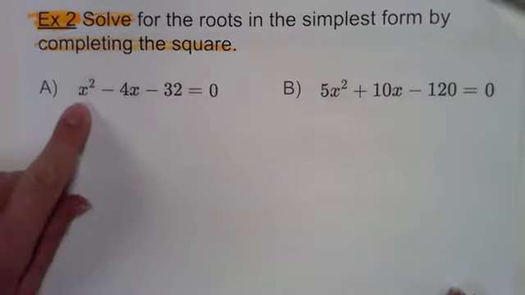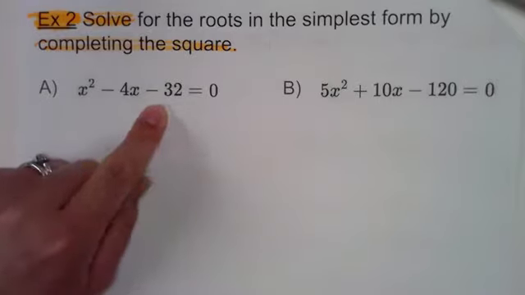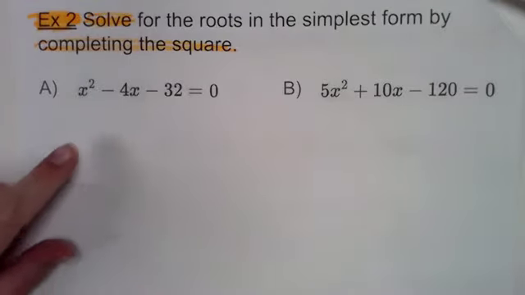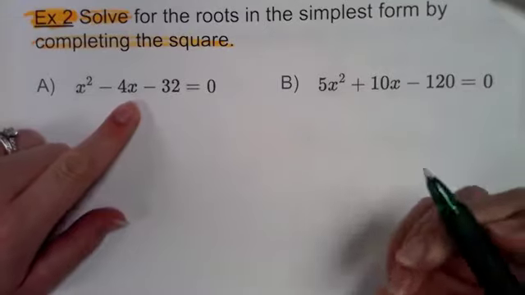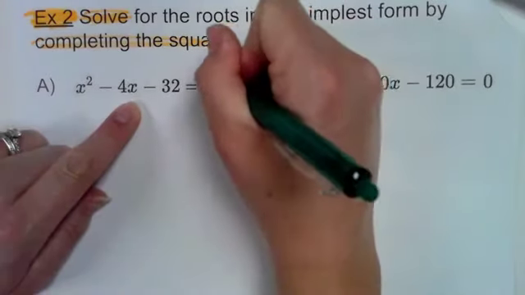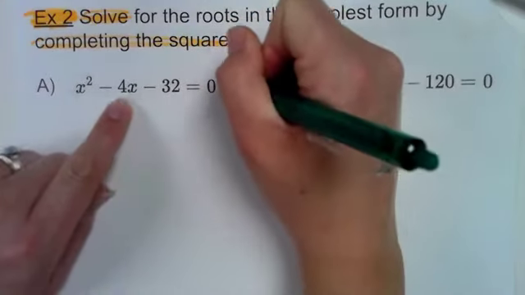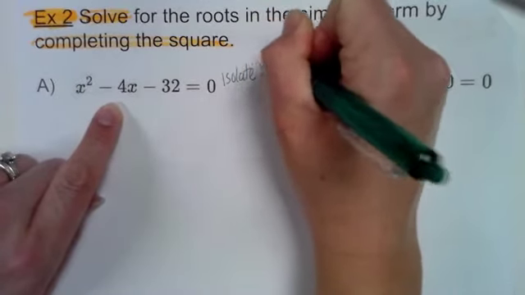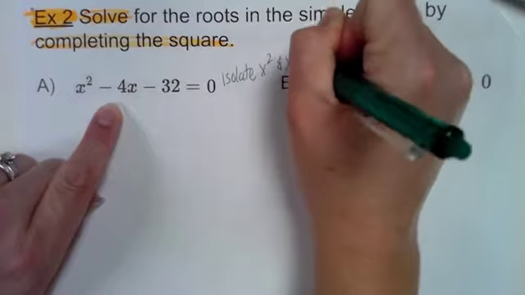All right, we have x squared minus 4x minus 32 equals 0. Ladies and gentlemen, please take super good notes because this is a long process, okay? Write everything down. The first thing we want to do is isolate the x squared and x term.